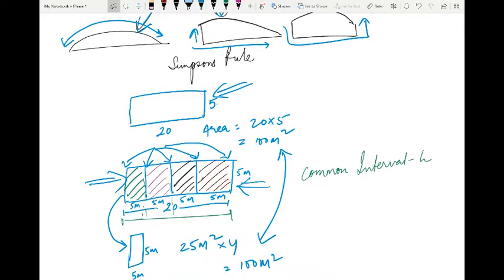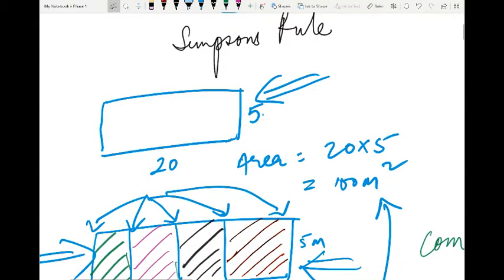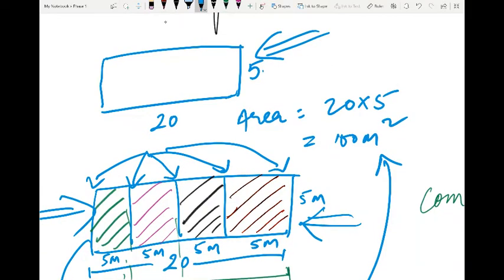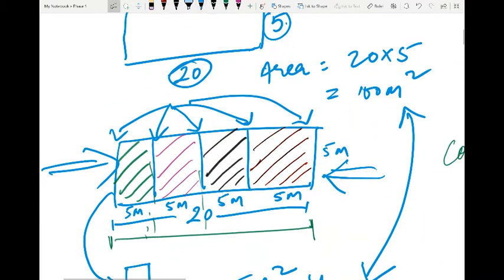So to understand Simpson's rule, we'll first take a small rectangle. The length of which is 20 meters, breadth is 5 meters. So to find out the area is your length into breadth, 20 into 5, 100 meters square.